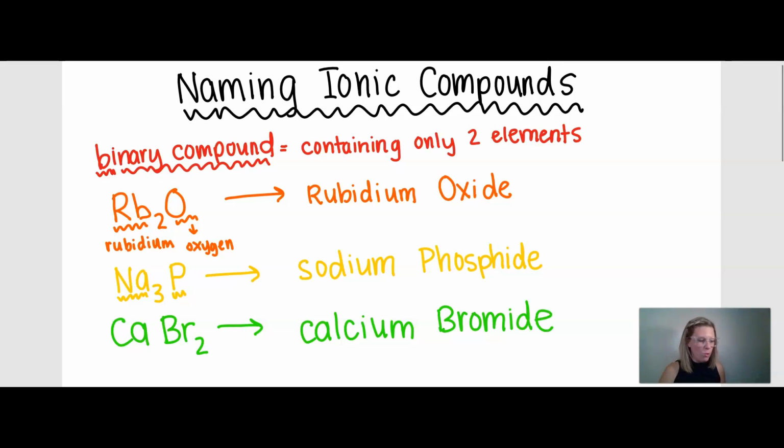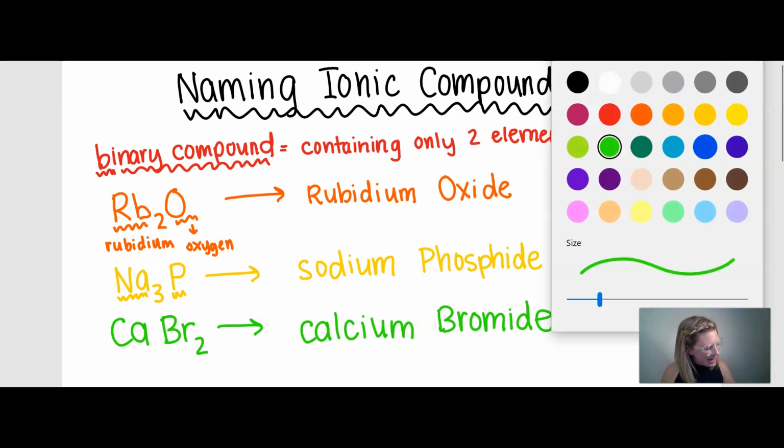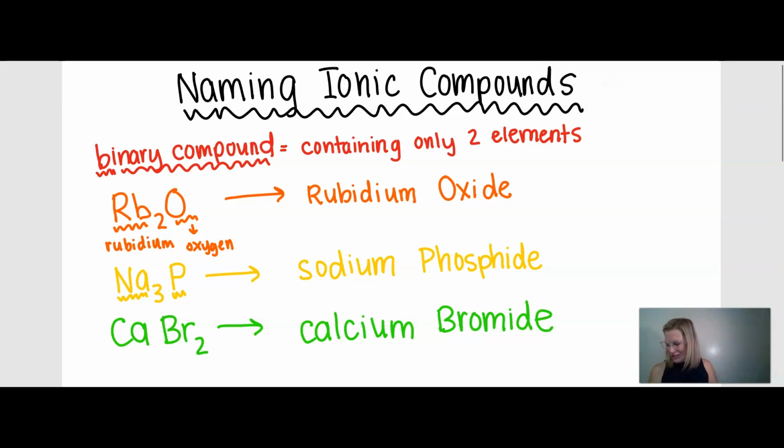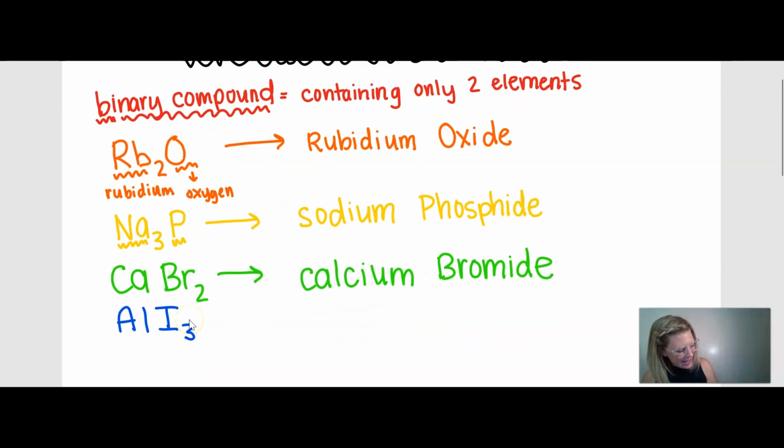Let's do one more. Okay, our last example that I want to do for now is going to be AlI3. And this is going to give us the name of aluminum iodide.